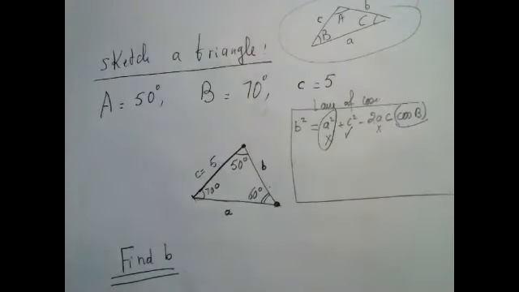One second, I'll do it on paper. I want you to understand why I need something else. Because if I follow, I will have A squared. I cannot touch this. C squared, I have it. Then A times 5 times the cosine of 70.